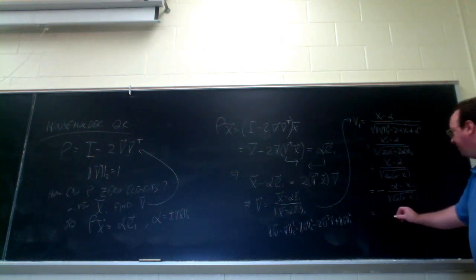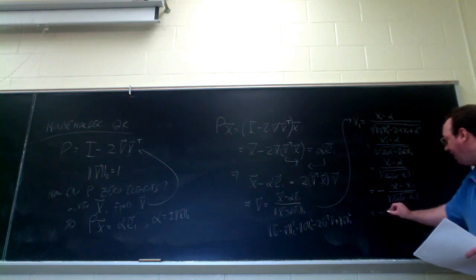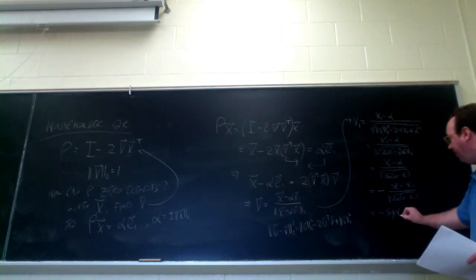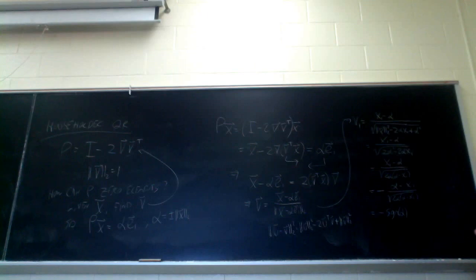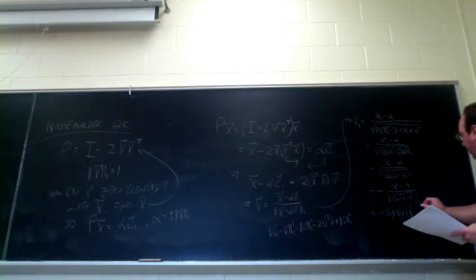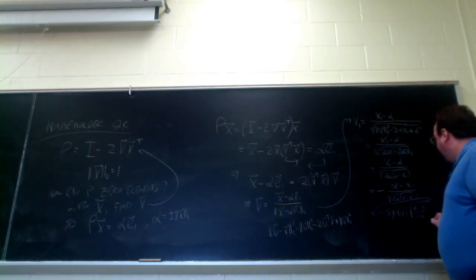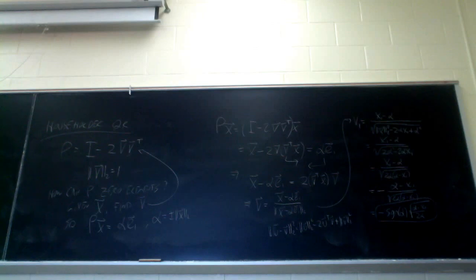So what I actually have here, if I simplify it as much as I can, is minus the sign of alpha, so 1 if it's positive, minus 1 if it's negative, and then the square root of (alpha minus x1) over 2 alpha. So this is the simplest form I can get for the first element of v.